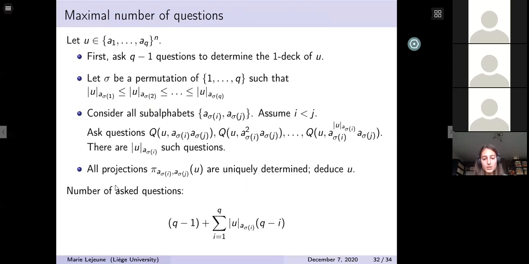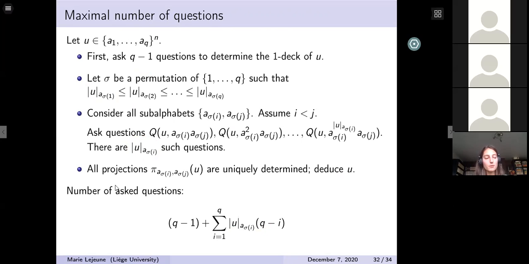So how many questions did I ask? I asked Q minus 1 questions here. And then I looked at all the binary subalphabets, and I asked this number of questions. For example, letter a_sigma1 appears in Q minus 1 subalphabets. And since it is the least present letter, I will have this number of questions, Q minus 1 times.